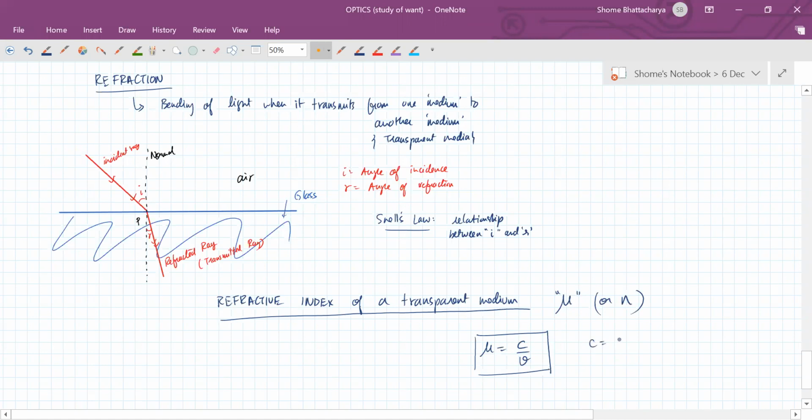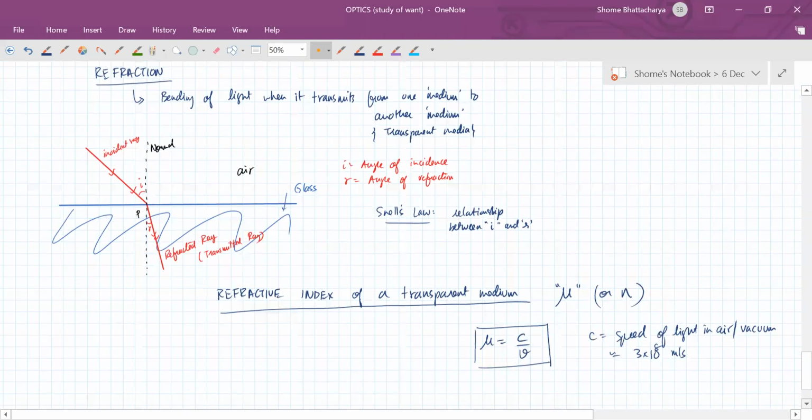Okay. c is the speed of light in air or vacuum, which is approximately 3 into 10 raised power 8 meters per second, or close to 3 lakh kilometers per second. Okay.